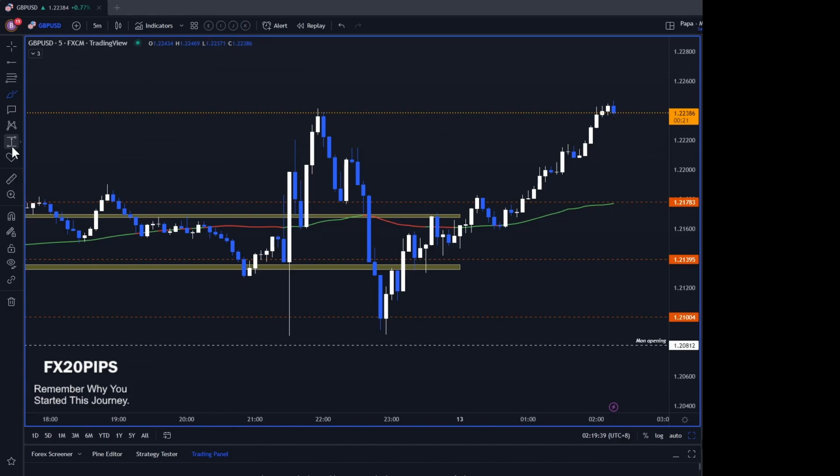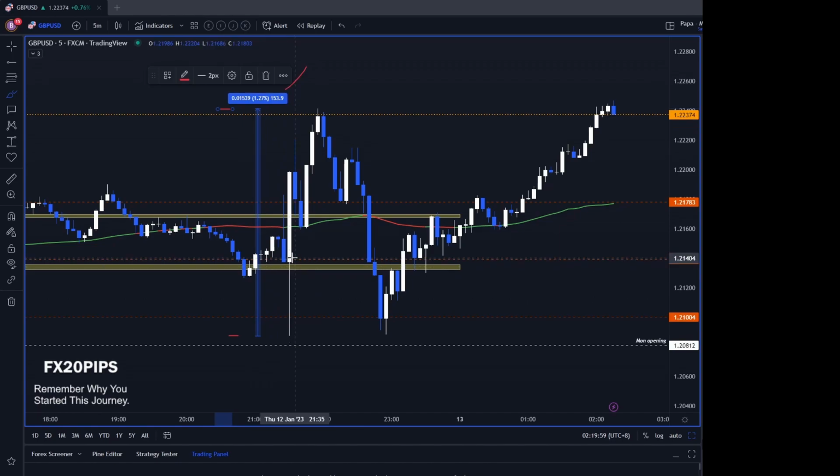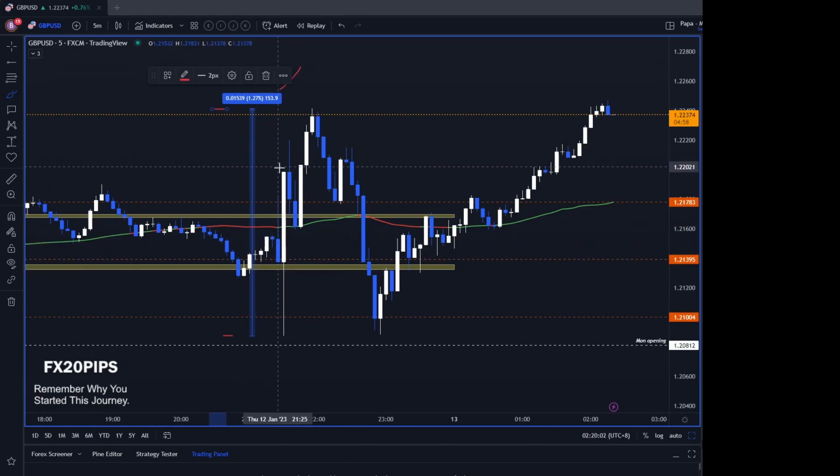So how many pips is here, from the bottom to the top? 153, bottom to top. If you are able to catch the bottom to top, most people won't be able to, because price moves very fast. Remember, it's a bullish 153 pips, bearish 153 pips.